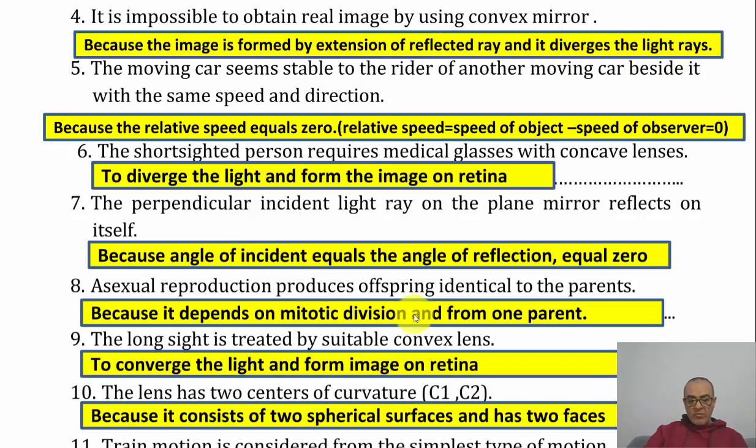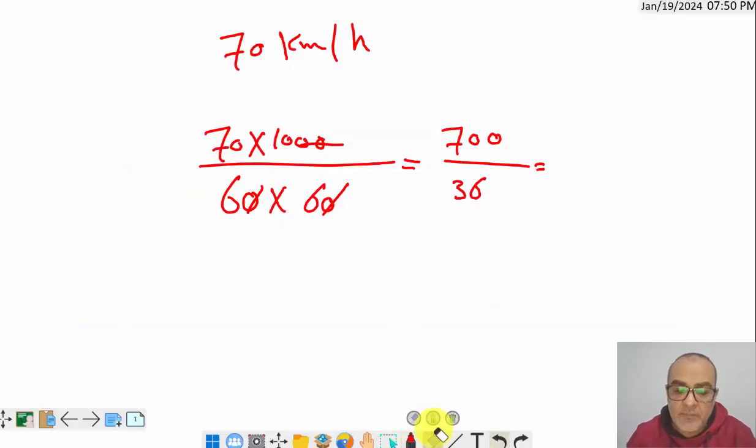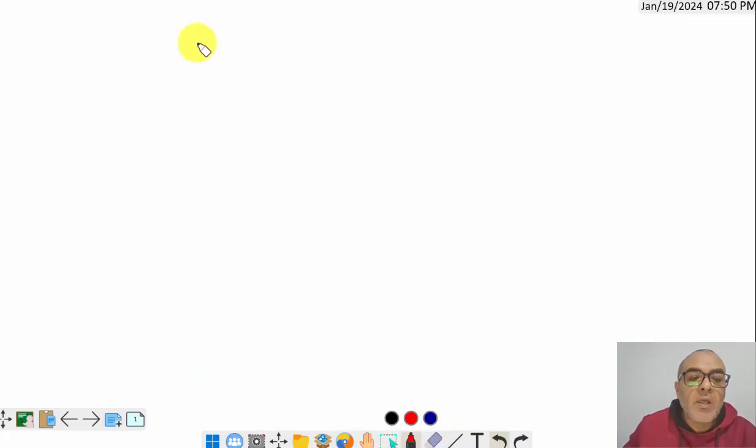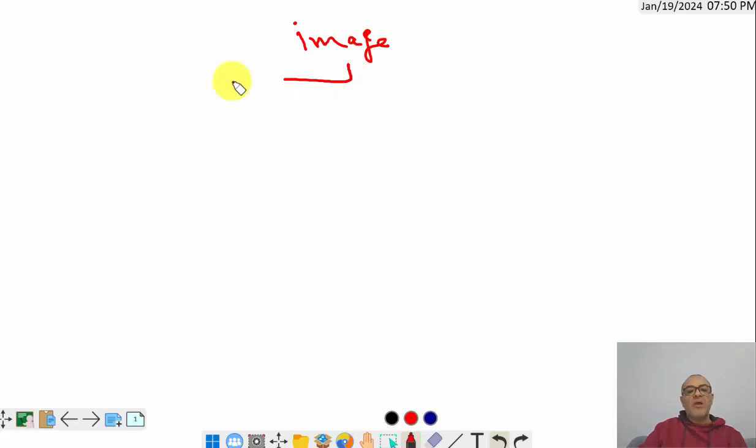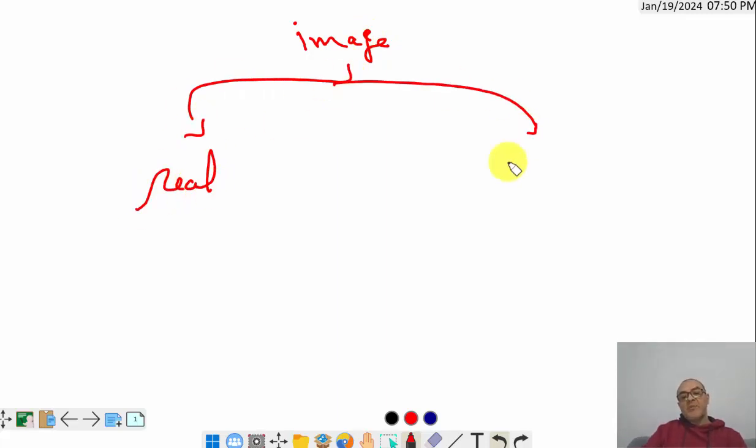Now I want to go to the reflecting explanation board here. The image is of two types. One type is called real, and the other type is called virtual.